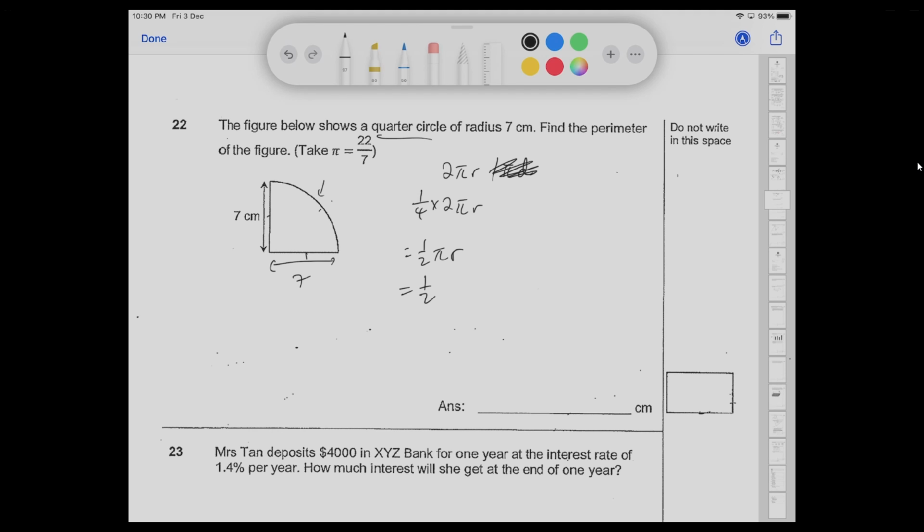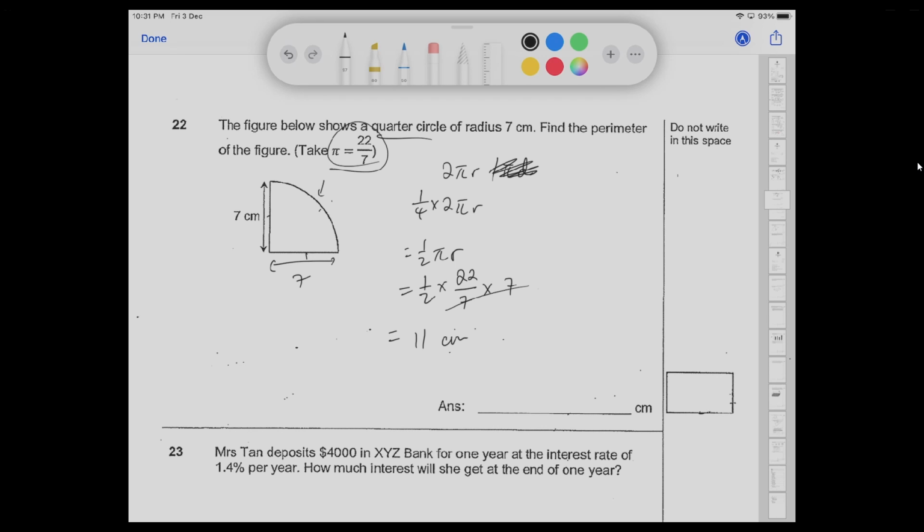We substitute pi with 22 over 7, as you can see the question wants you to do. So it's just half times 22 over 7 times the radius, which is 7. Both of these cancel out. Half times 22, 11 cm.